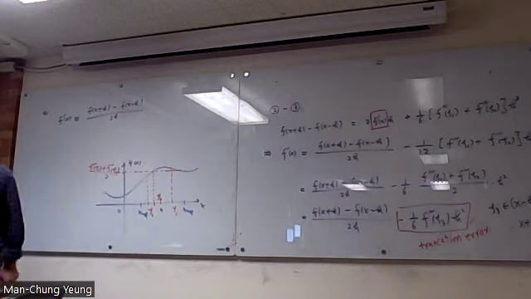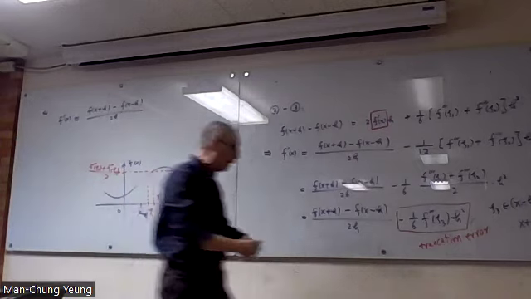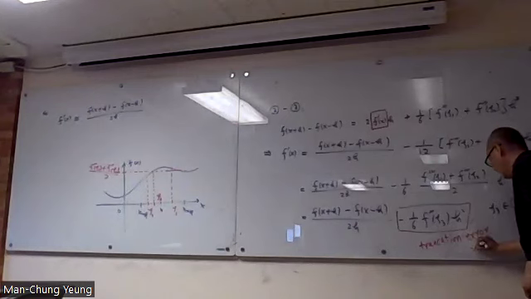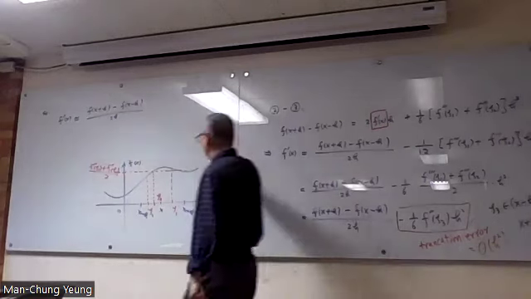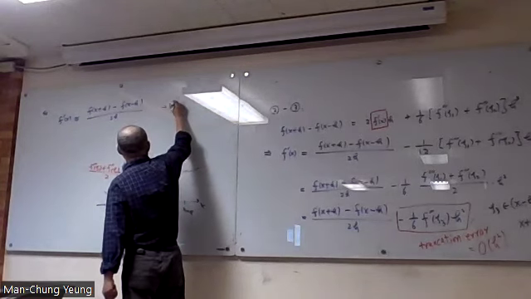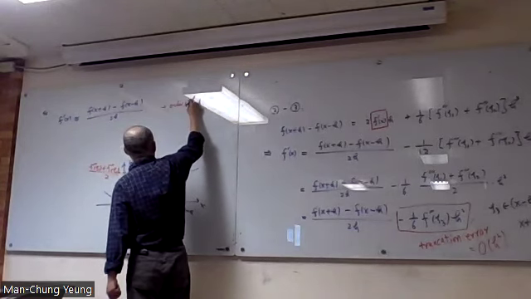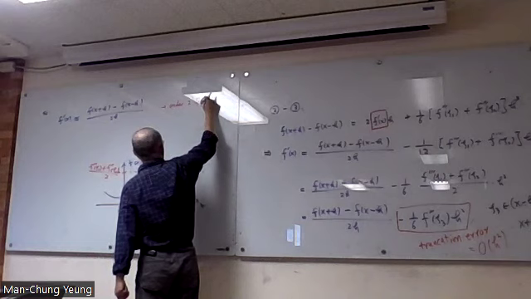This is the second formula to compute the derivative. How good is this formula? Because of the error, it is order O(h squared). This is an order 2 formula.